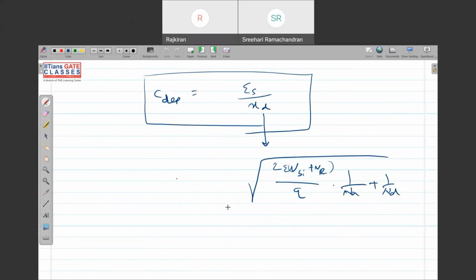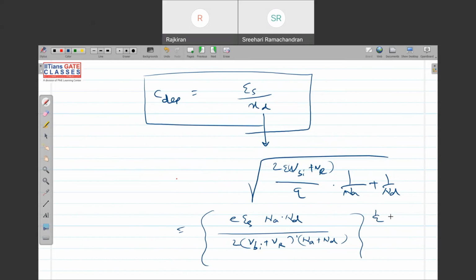If I want to express it by putting this value here, you get epsilon s q NA ND divided by 2 (VBI plus VR), to the power one half.